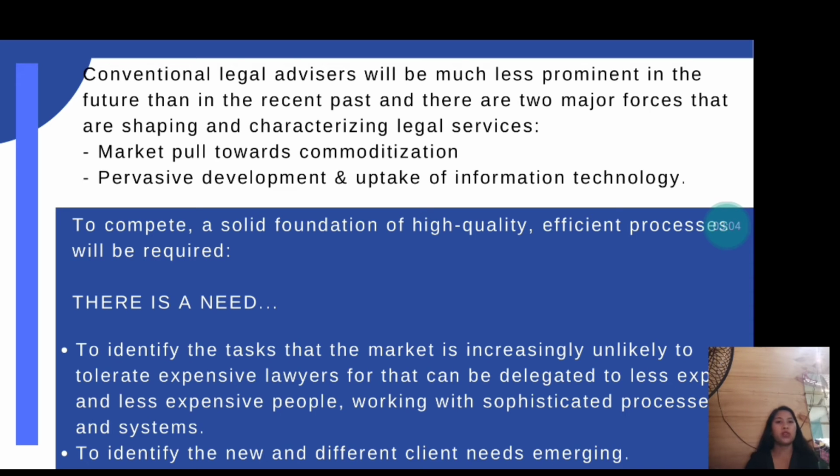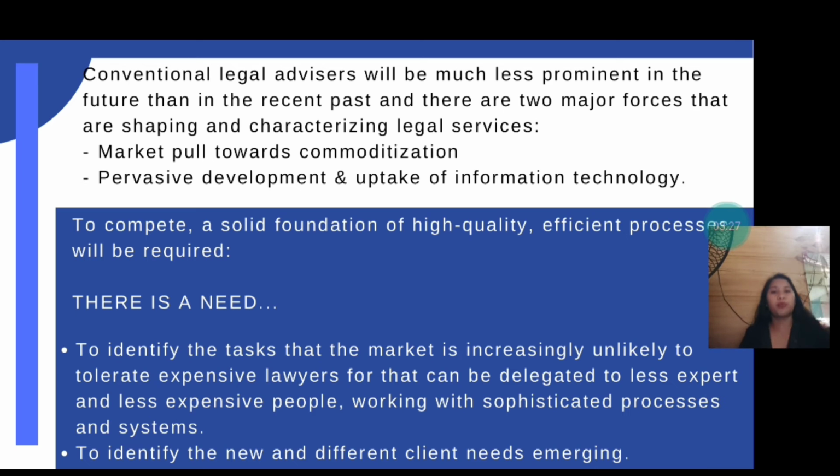To complete, a solid foundation of high-quality, efficient processes will be required. There is a need to identify the tasks that can be delegated to less expert and less expensive people working with sophisticated processes and systems, as the market is increasingly unlikely to tolerate expensive lawyers.